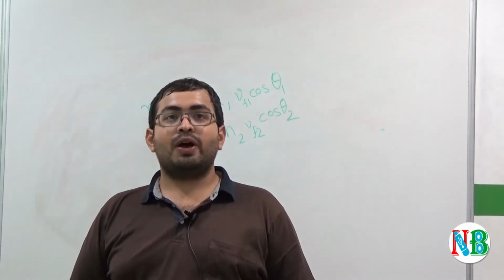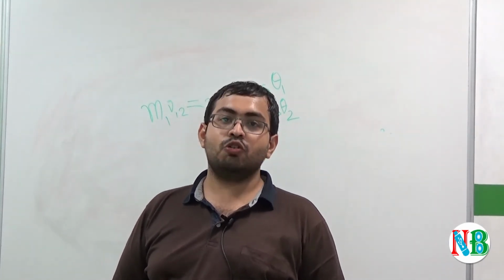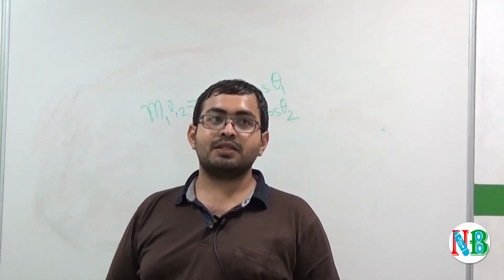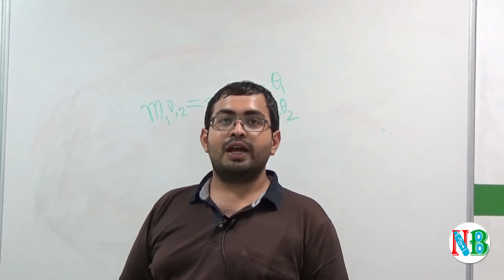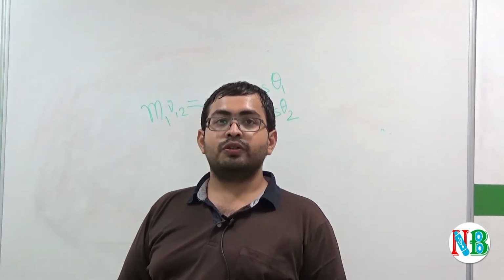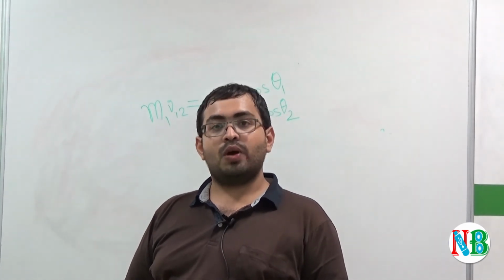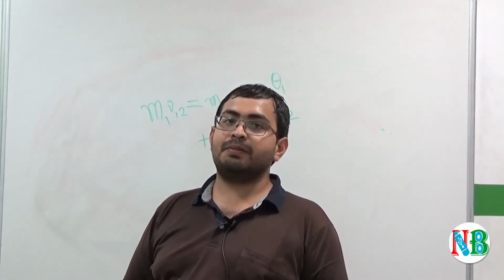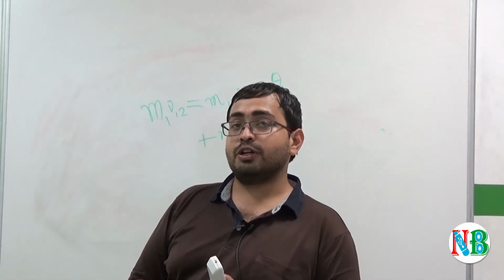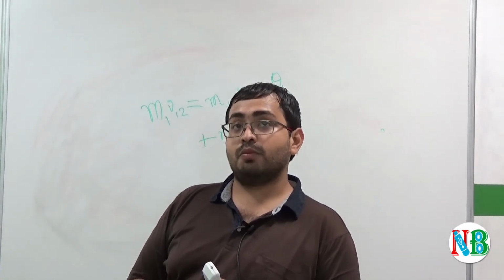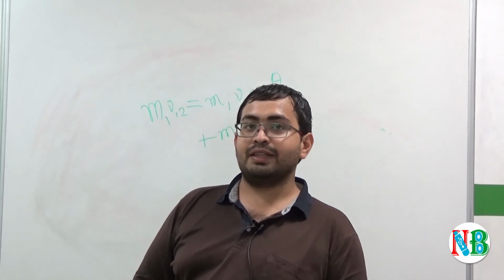Now, the y component. The total y component is 0, since there is initially no motion along the y axis, but after the collision the first object will go at minus m1 vf1 sin theta 1, that is, m1 times the y component of the object's final velocity. Likewise, the final y component of the second object will be m2 vf2 sin theta 2.